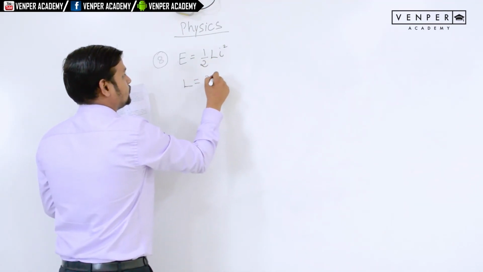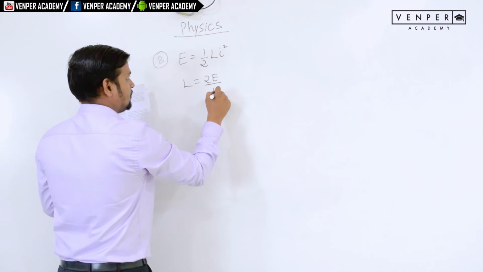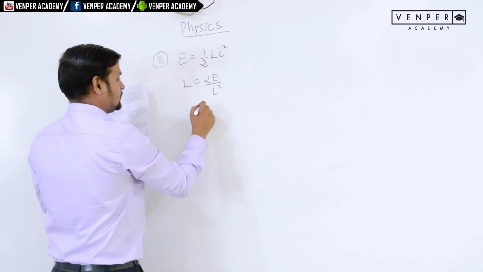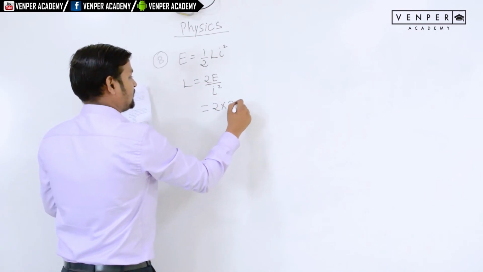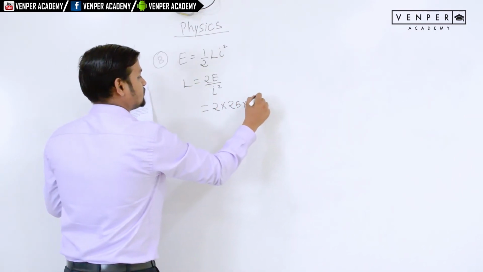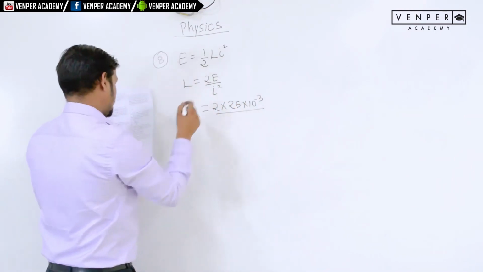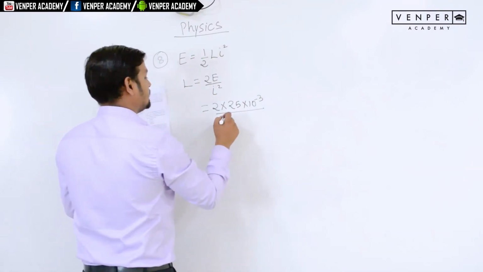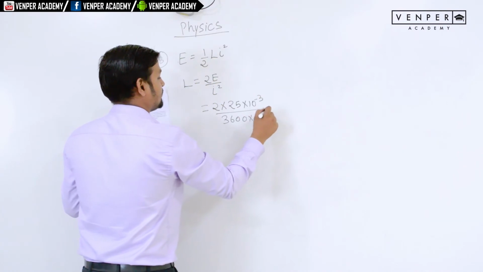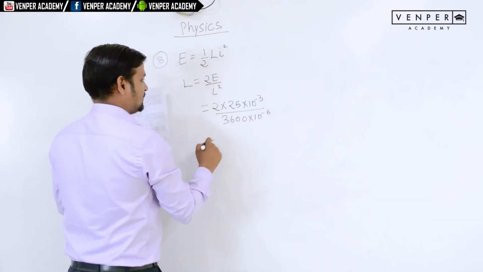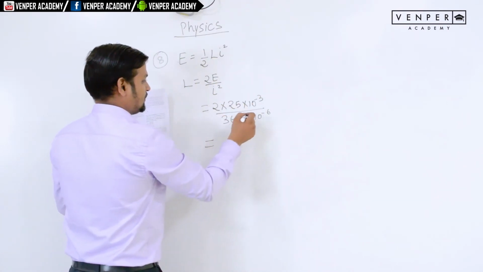L is equal to 2E upon I square. Value of 2E is how much given? 25 millijoule means 25 into 10 raised to power minus 3. I square, 60 milliampere is given, so 60 into 60, that is 3600 into 10 raised to power minus 6. Solve this one.